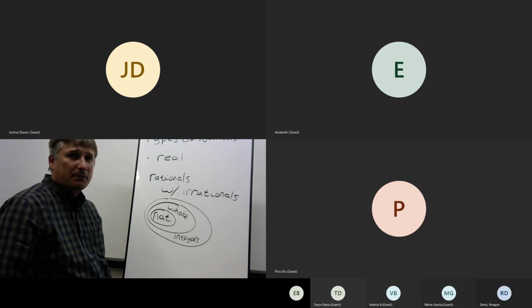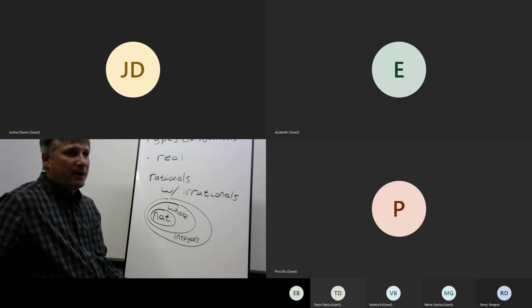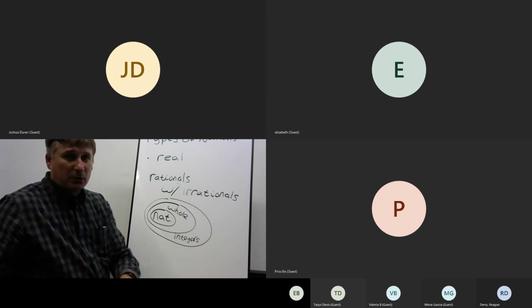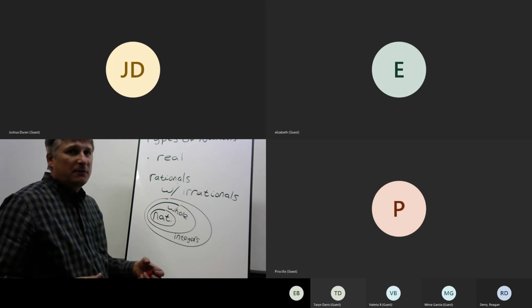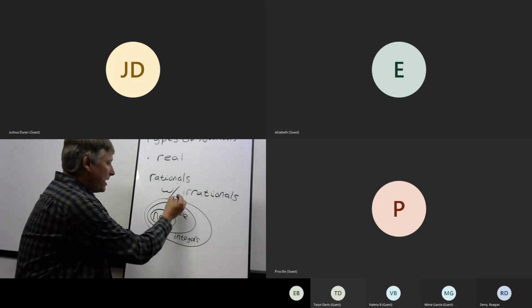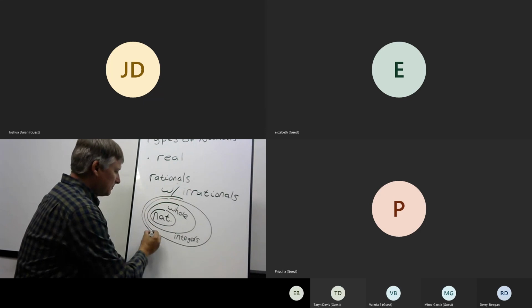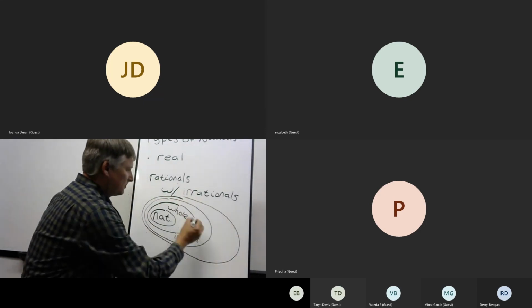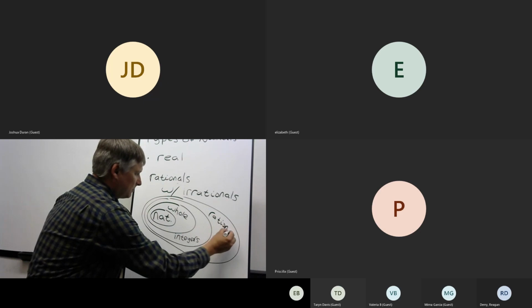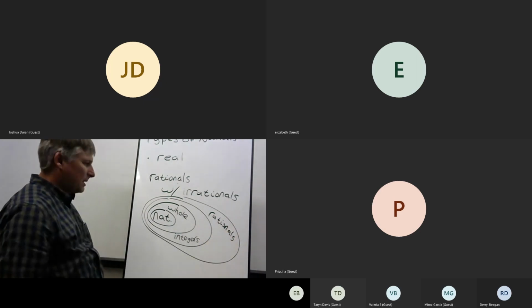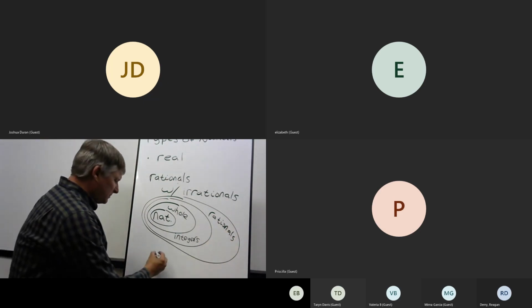And the integers, they're just the improper fractions with a denominator of 1 or a bottom number of 1 that's found in the family of fractions or rational numbers. But then you have these other numbers that are irrational.